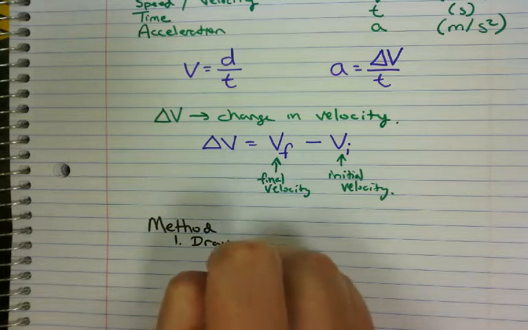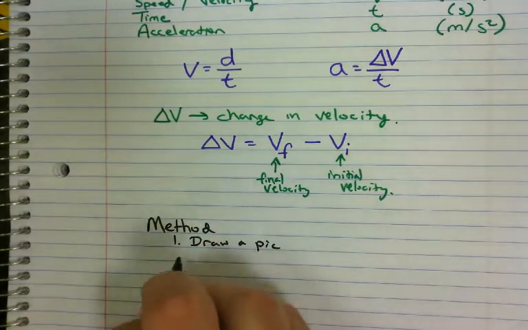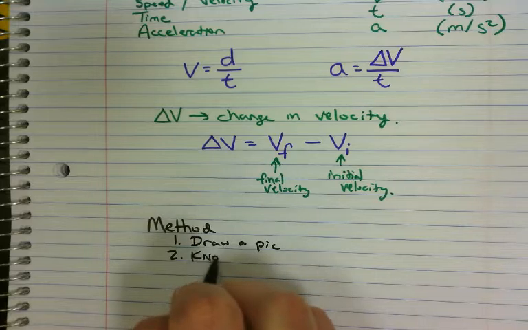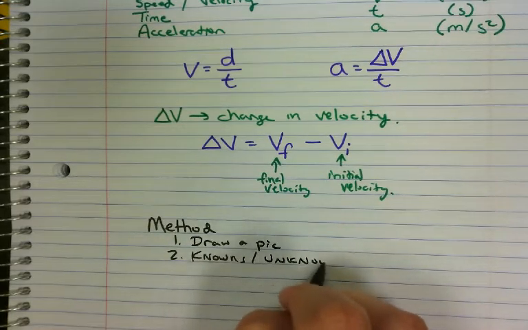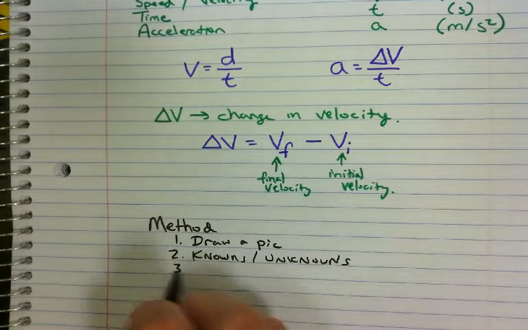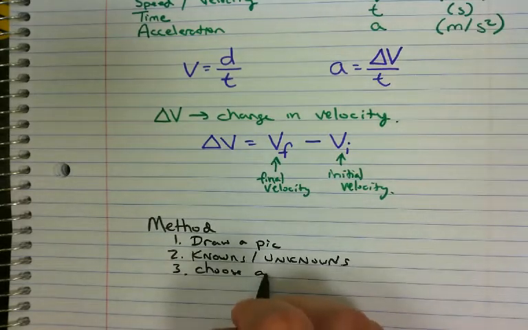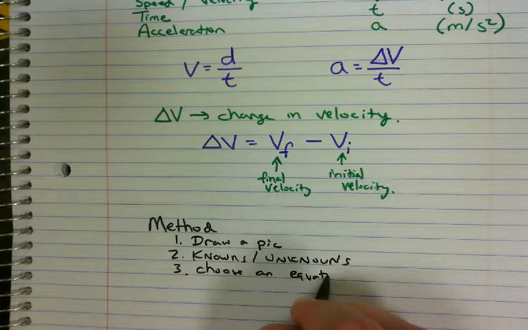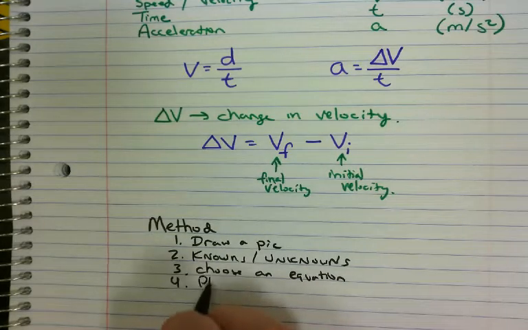The first step is to draw a picture. The second step is what I call the knowns and unknowns step. The third step is the choose an equation step. The fourth step is plug and chug.